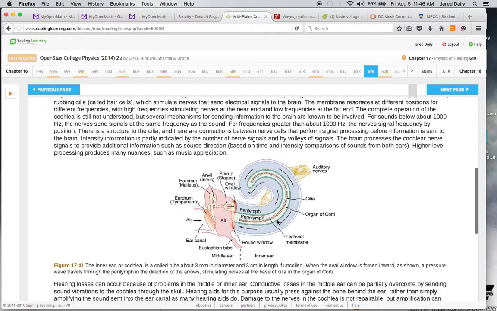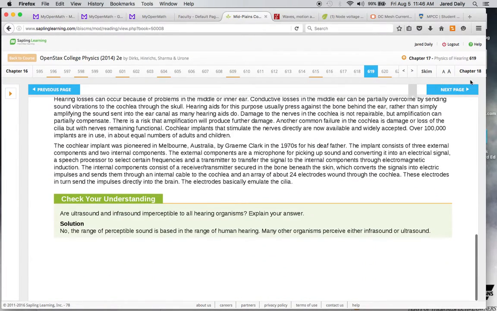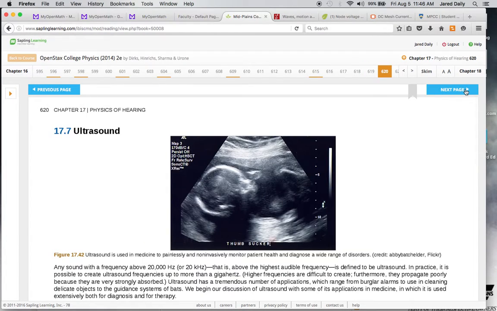But this big thing right here surrounds your auditory nerve and sends those signals to it. And your auditory nerve gets these impulses that are turned essentially into electricity by this pressure that's turned into forces and then turned into another pressure. So that's how it works. It's just forces, pressures, and impulses.